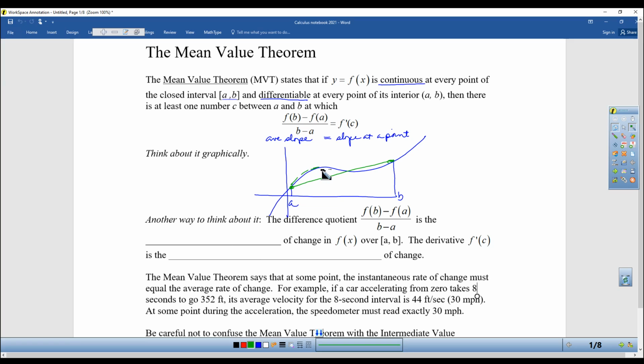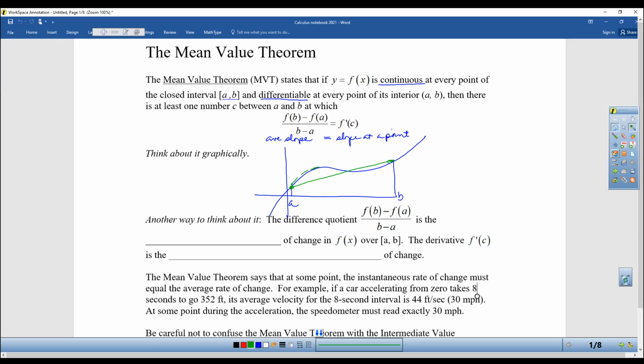Sometimes the slope is about the same. Sometimes the slope is not even in the same direction, right? This is a negative slope. And then it's positive again. But if I actually knew all these little slopes along the way and I averaged them together, I would get this number right here, whatever the slope is of the average between the 2 points.